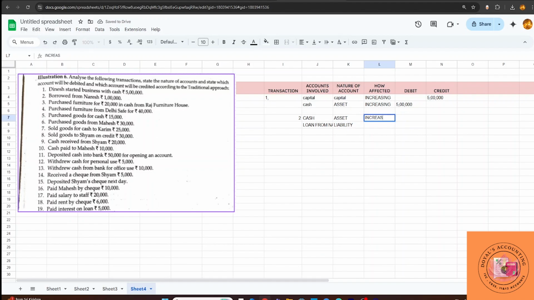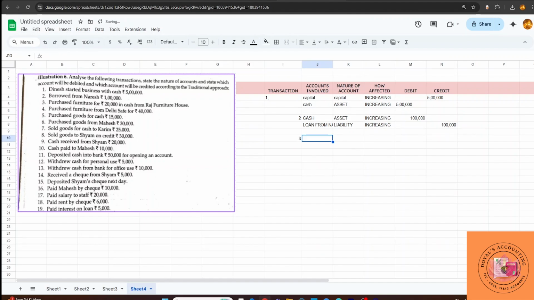Here our cash balance is increasing and so is our liability. If an asset is increasing, we will put it on the debit side. Worth how much, to what extent? To the extent borrowed, that is 1 lakh. And here our liability is also increasing. If a liability increases, remember liabilities have an opening credit balance. So any increase in liability will be put on the credit side. Credit rupees 1 lakh.